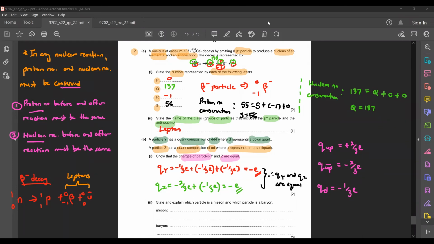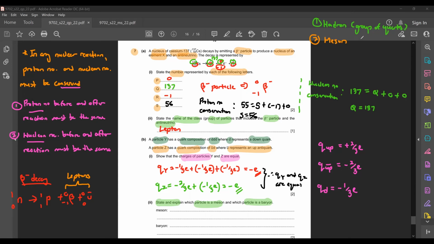All right. Then moving on to the last part of our current question. State and explain which particle is a meson and which particle is a baryon. Okay. Now, last time we would have learned that a hadron is simply a group of quarks. As long as you see a group of quarks, that one would be our hadron. But there's actually a more specific classification for groups of quarks, namely meson and baryon.